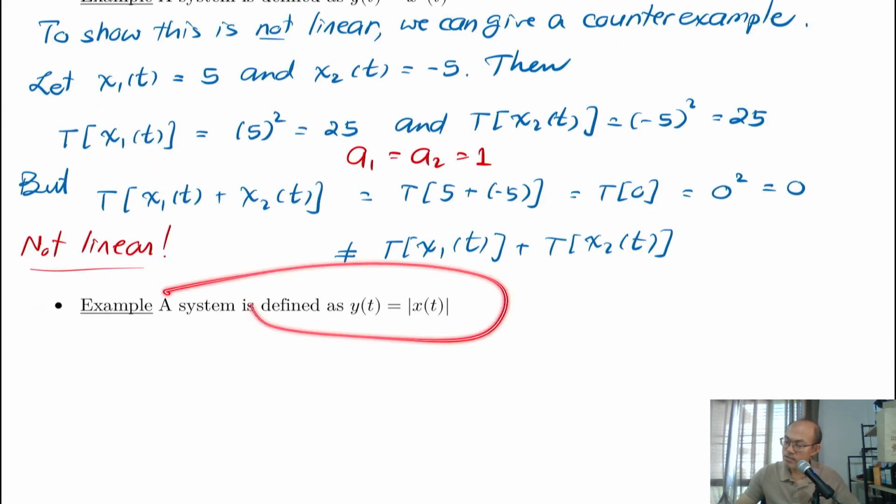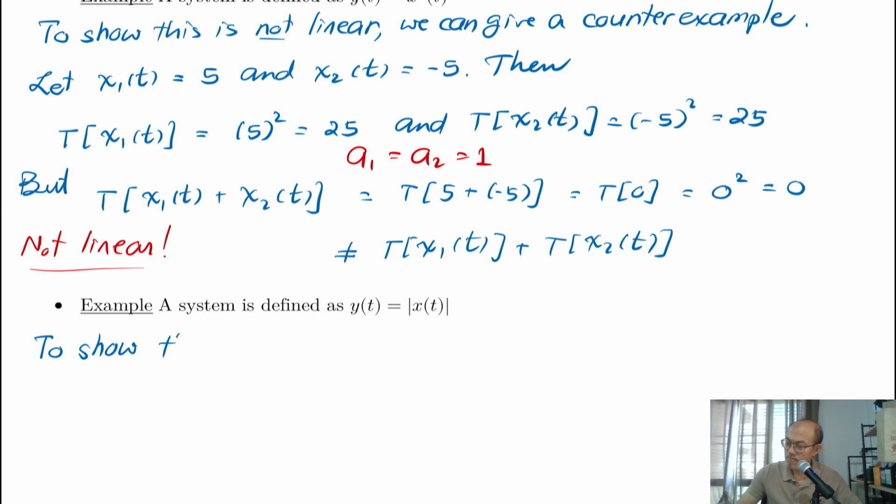Another one here, we're going to show that this system is not linear. Again, to show that it is not linear, we can again give a counter example to show that for this particular example, the equation is not true.